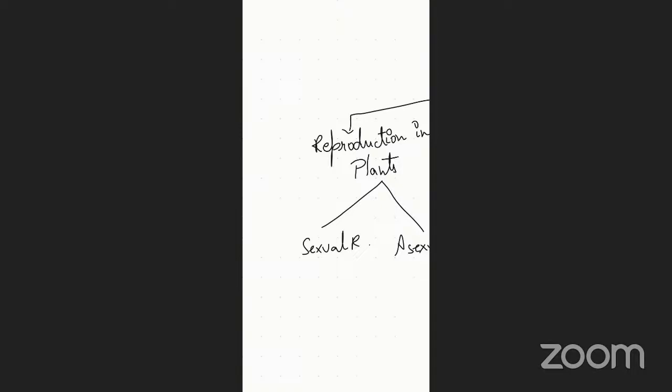Now we talked about sexual reproduction in animals and asexual reproduction in our last class. Okay, in which what happens? Fertilization process takes place. And now fertilization process is also of two types.